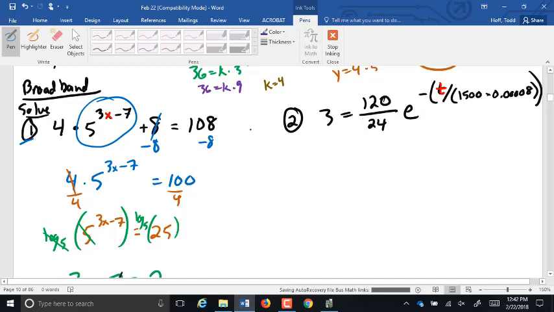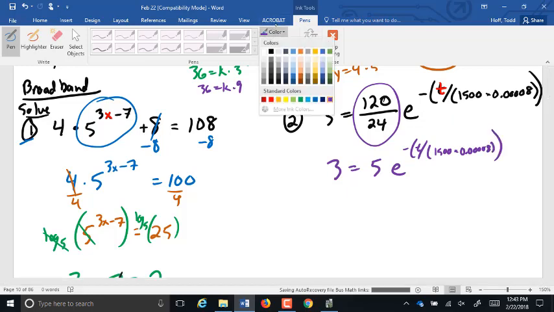Number 2 is a little bit simpler. What do we have to do here? Well, yeah, we have to get rid of that. We could divide that out and get 5, couldn't we? 5e to the negative t over 1,500 times 0.00008.